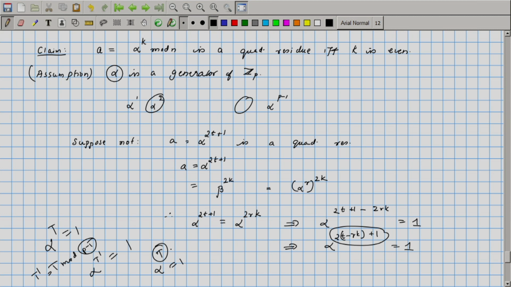Okay. So, we can say that this number 2 times t minus r k plus 1 should be a multiple of p minus 1. Any multiple of p minus 1 is an even number, but this is an odd number. So, this is just not possible.